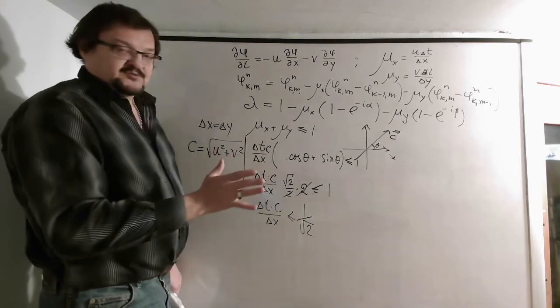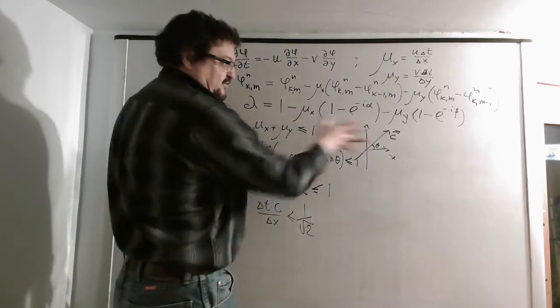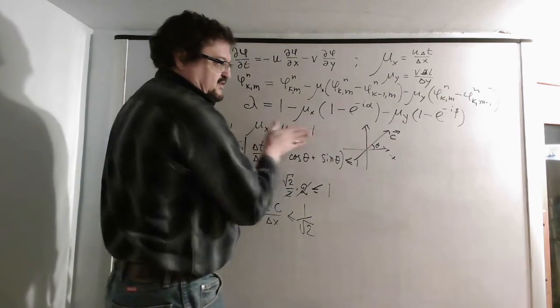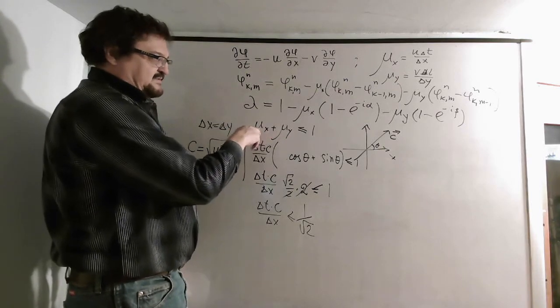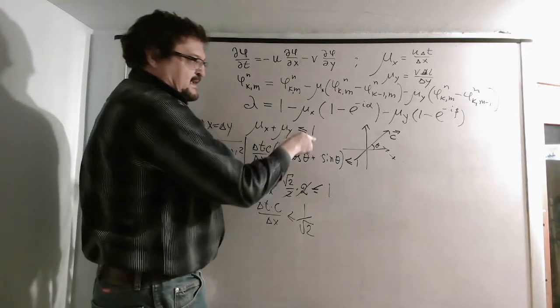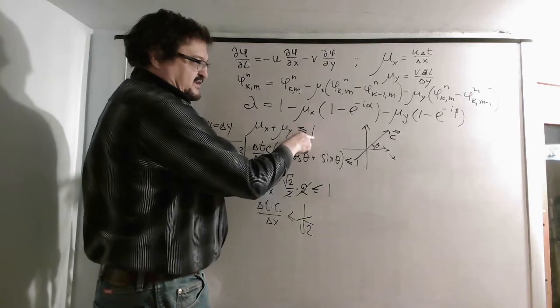So this is kind of bizarre. So let's say that your flow is in this direction, only along the x direction. Then your stability criterion will be that time step, like based on mu, that is just in one direction smaller than 1.